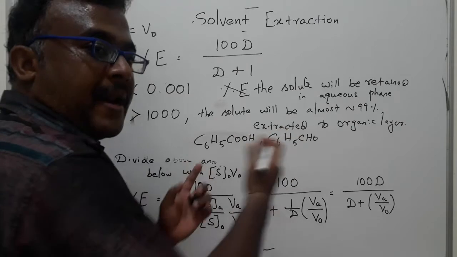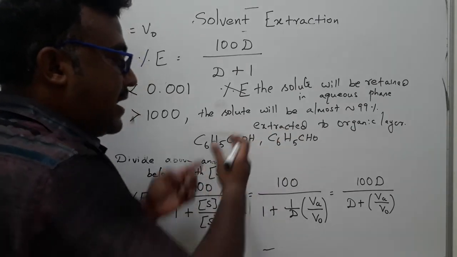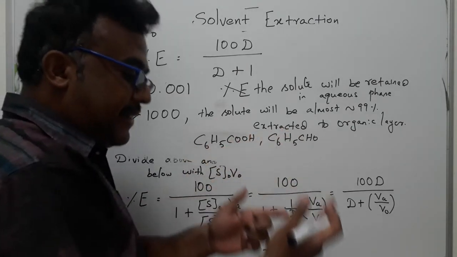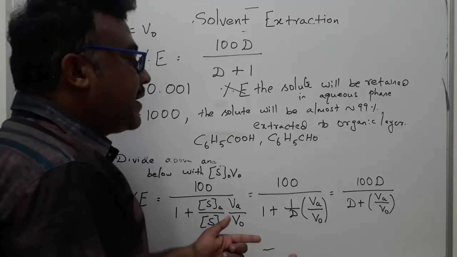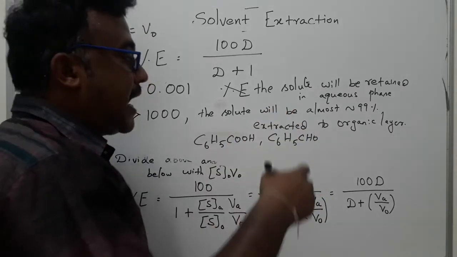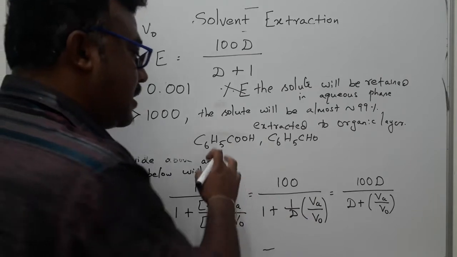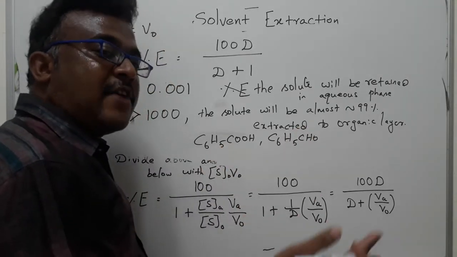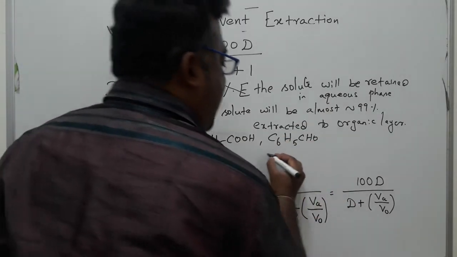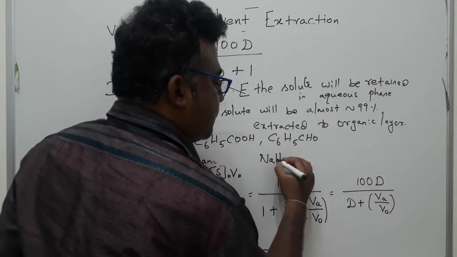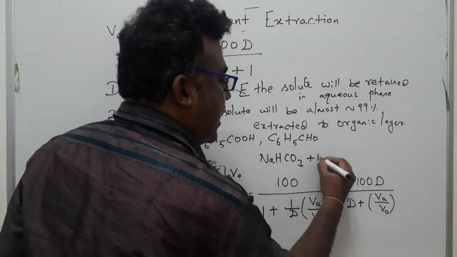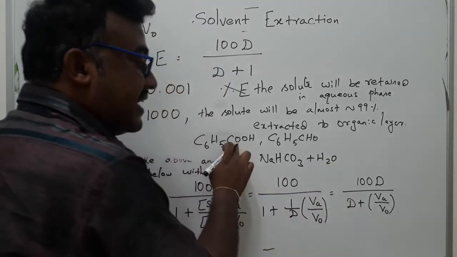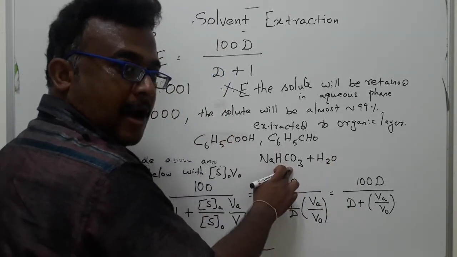To separate them, you can take this mixture in the separating funnel and add dichloromethane. When you add dichloromethane, both will be in the organic phase. When you add sodium bicarbonate solution, only the carboxylic acid reacts with sodium bicarbonate.